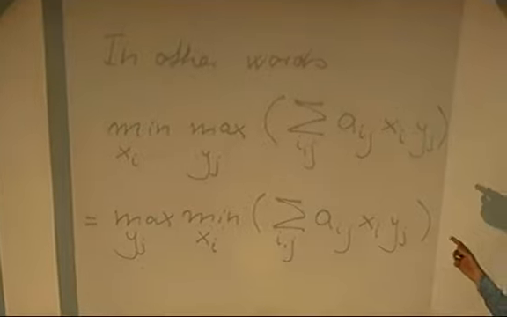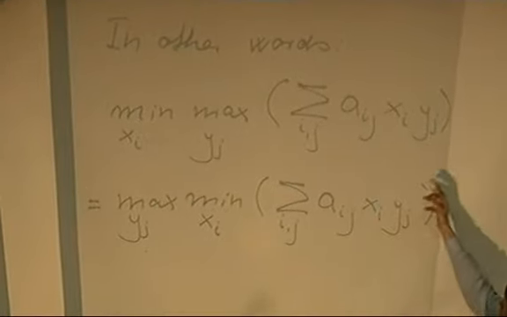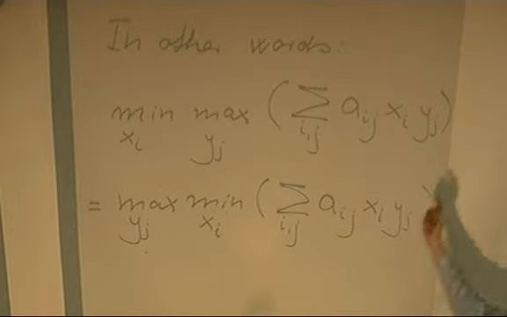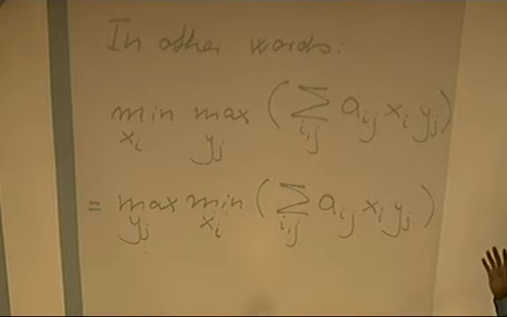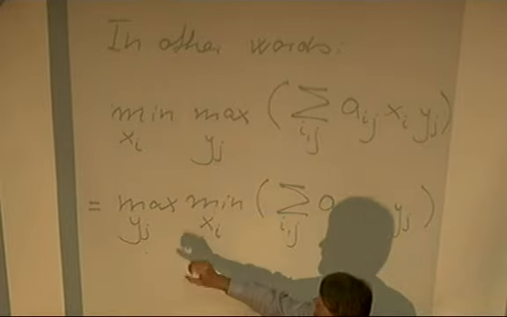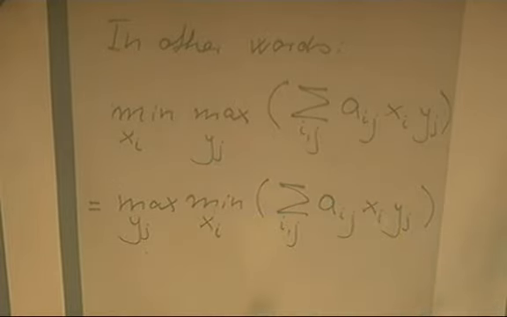Why is it called a min-max theorem? Well, because if you have a given matrix, then you can look at this expression where the xi's and the yj's are convex combinations, coefficients of convex combination or probability distributions. And if you have maximum here and minimum here, you can reverse them and you get the same.